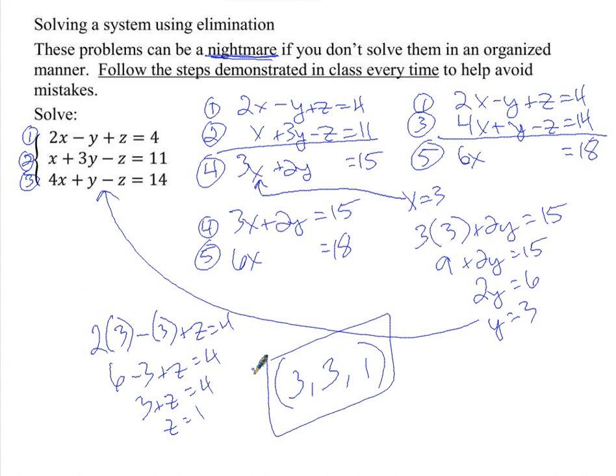Okay? This is the correct answer. And you can do this checking in your head. That's 6 minus 3 plus 1 gives me 4. That's 3. That's 9, so we got 12 minus 1 gives me 11. We got 12 plus 3 is 15, minus 1 is 14.